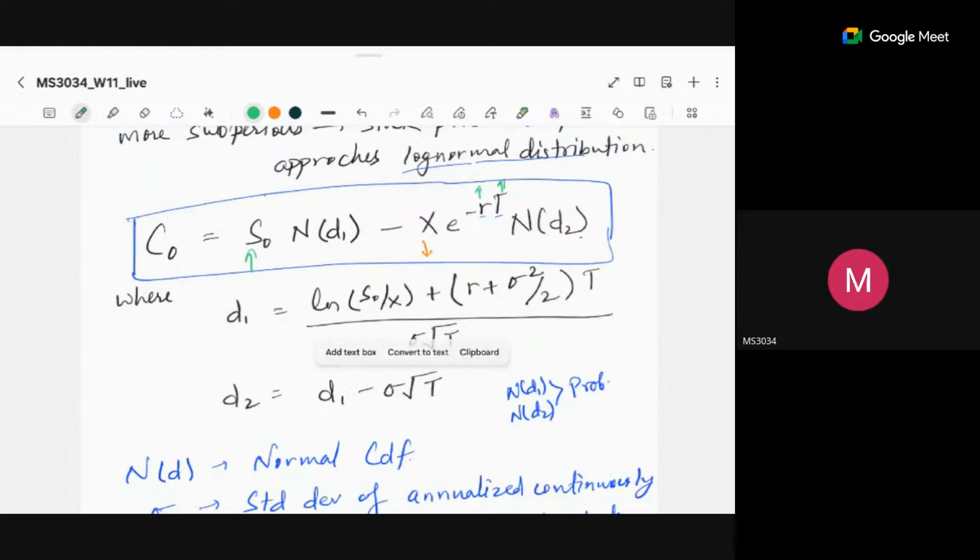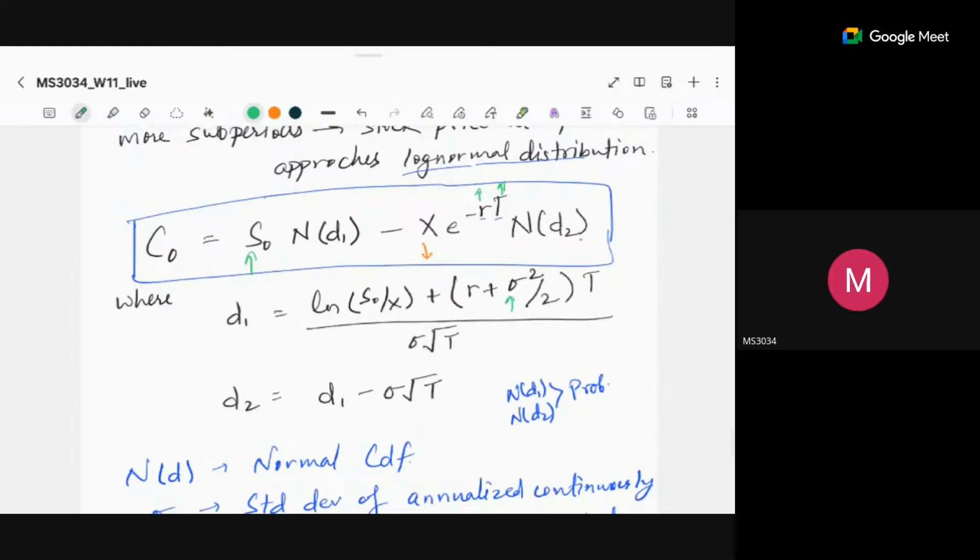So overall with sigma it has a positive relationship. In other words, as in the lectures also, if there is higher volatility, that means there are multiple possible chances that my option will be in the money. So in that case the option has higher value.